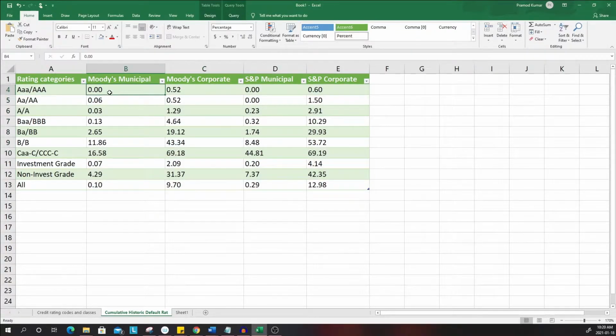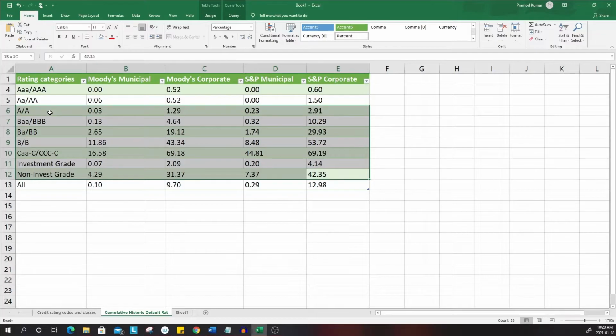If I go to the overall investment grade side, it's only 0.07%, but still some. Whereas the non-investment grade is 4.29%. On the corporate side, it is 31% default rate on the non-investment grade, and S&P comes up with historical stats of 42% default rate. So this is what the historical data shows.